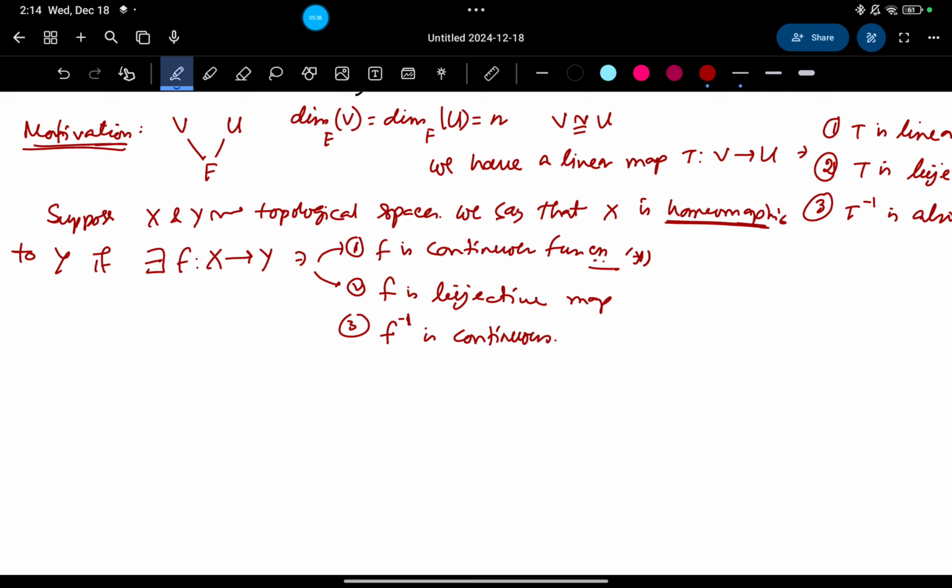So all these three properties are there.